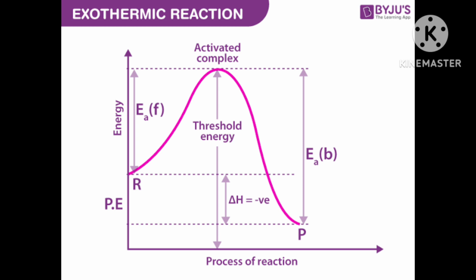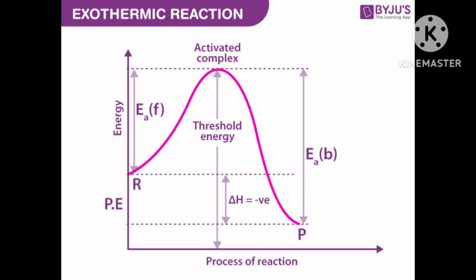Okay, it is clear from the diagram that in the curve at T plus 10, the area shows the fraction of molecules having energy equal to or greater than the activation energy. I am talking at T plus 10.